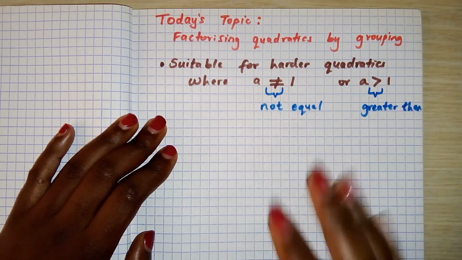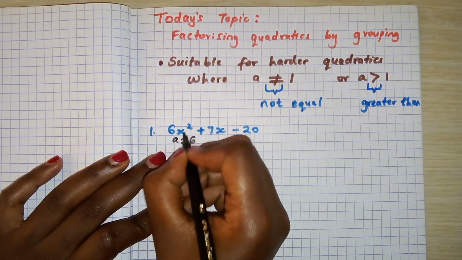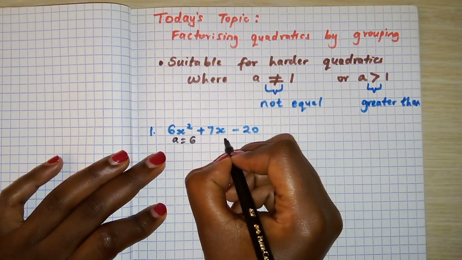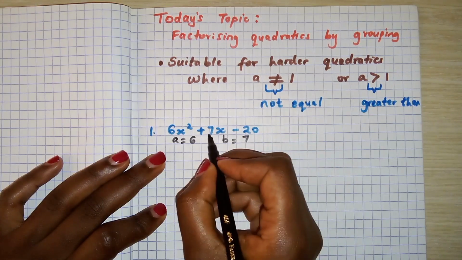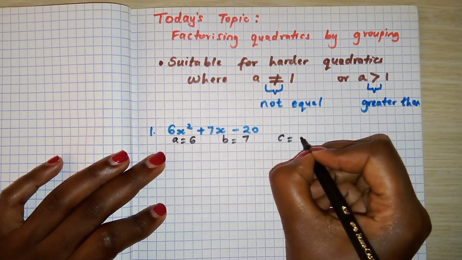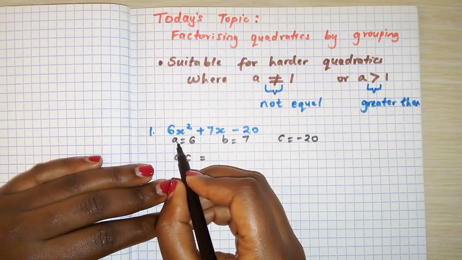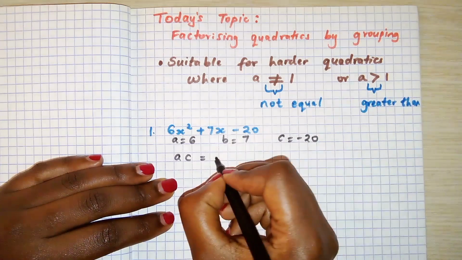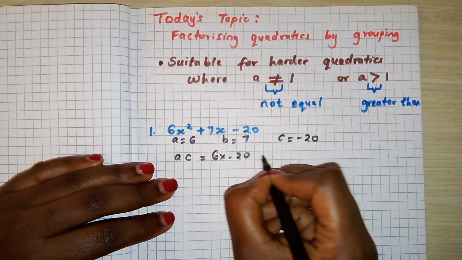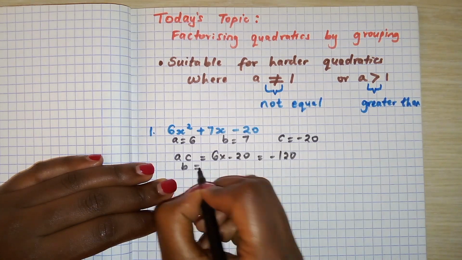So let's start. In this question, a is 6, the term attached to the x squared, b equals 7, the term attached to x, and c is the constant, negative 20. So AC is our product: 6 times negative 20 equals negative 120. And then b is our sum.